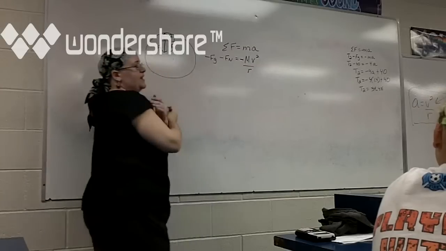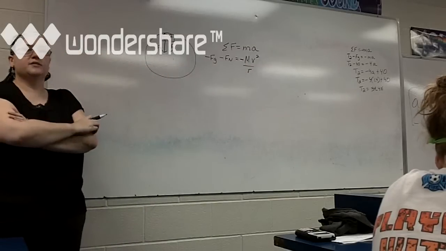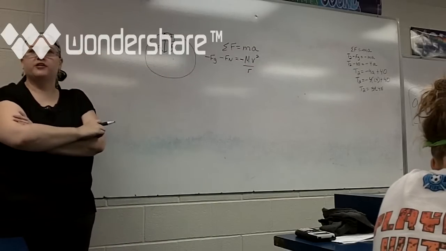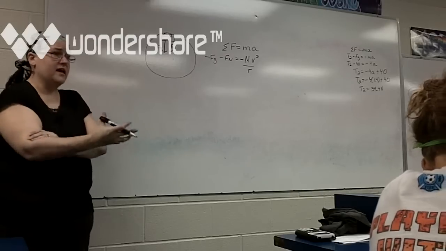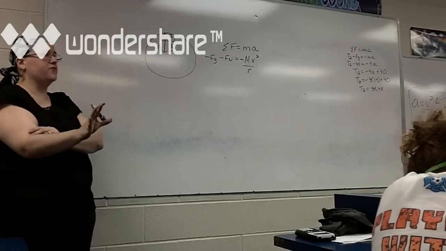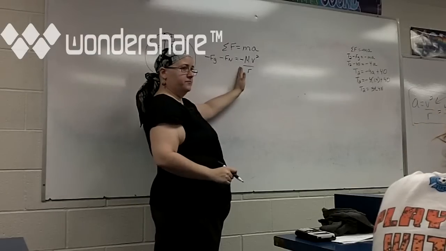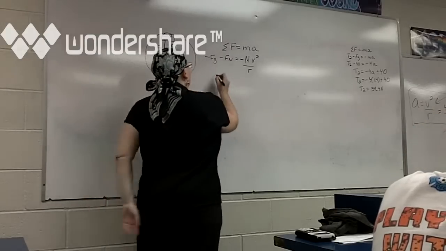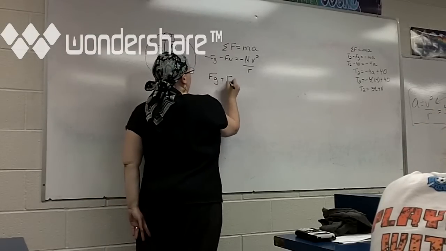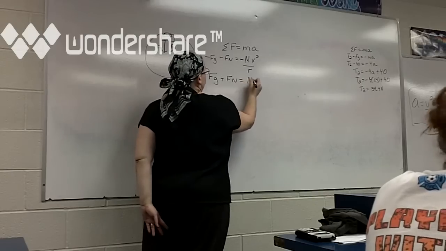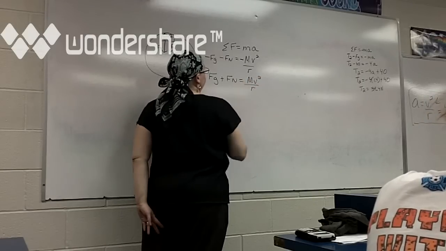Classically people leave off the negative sign because it accelerates towards the center, which is the negative direction. A lot of people forget that, which gives you a completely different answer in the end. Now, since negative is in each term, they can all become positive.